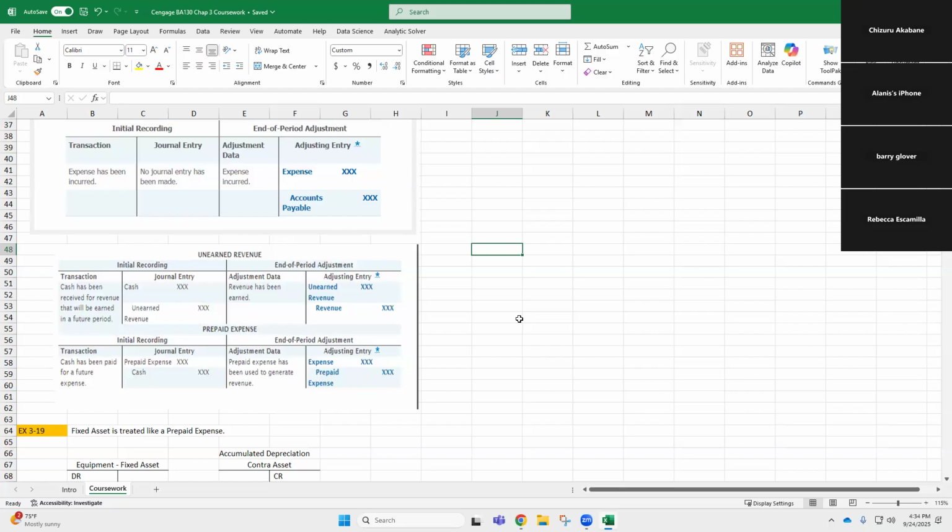One more time, let's see what they're saying. Transaction: cash has been received for revenue that will be earned in a future period. So the journal entry: cash comes in, and we haven't earned it yet, so we've got to put it somewhere. We put it in a liability.